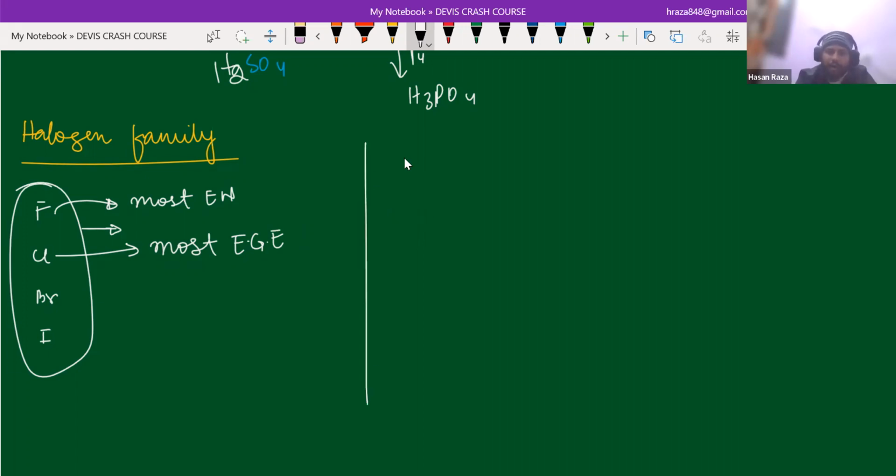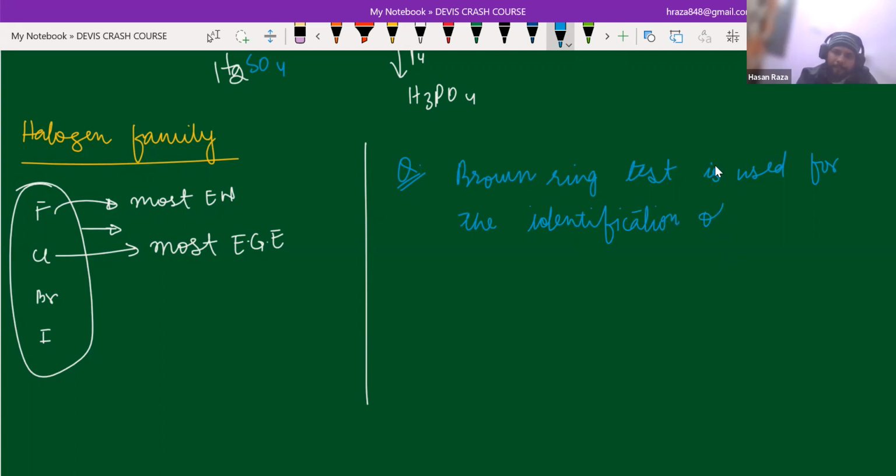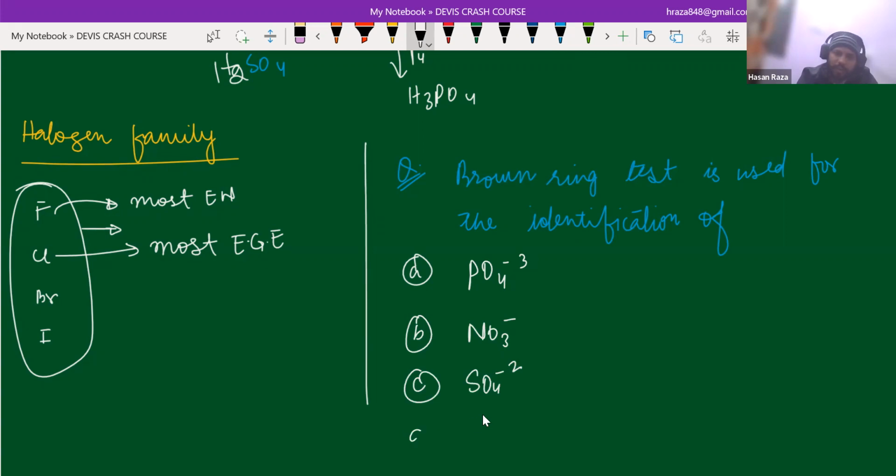This question is very important, and it is based upon an experiment. The brown ring test is used for the identification of: A is PO4 3-, B is NO3-, C is SO4 2-, D is HCO3-.